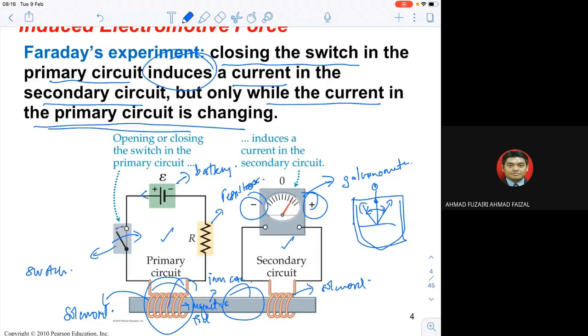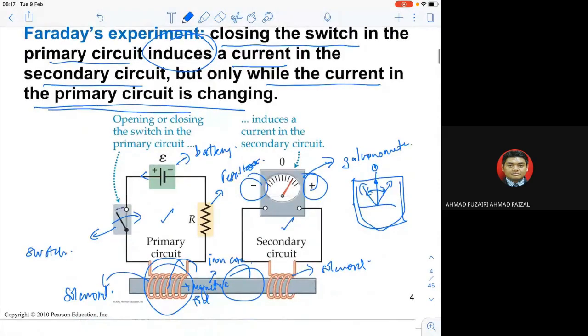Inducing the charge means we cannot touch; touching would be conduct. Induce just comes near, closer to the secondary circuit, and then we can have a current generated from the solenoid that goes to the galvanometer.